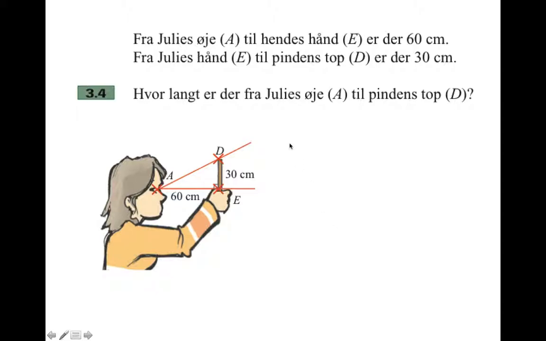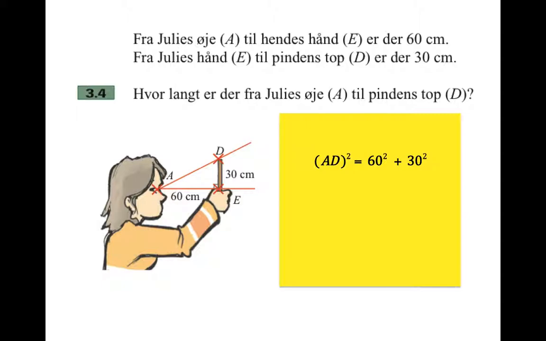Then it says from Julia's eye to her hand is 60 centimeters. From Julia's hand to the top of the stick is 30 centimeters. How far is it from Julia's eye to the top of the stick? So this is a Pythagoras problem. You've got a right-angled triangle with two known sides, and you'd like the third side.